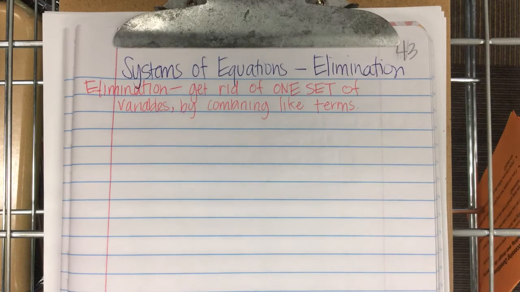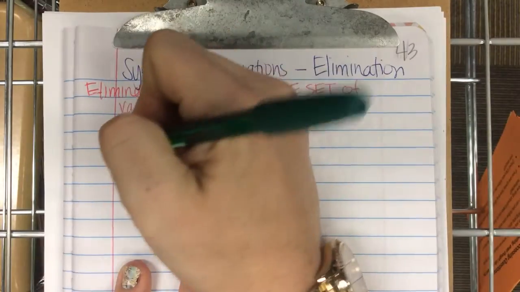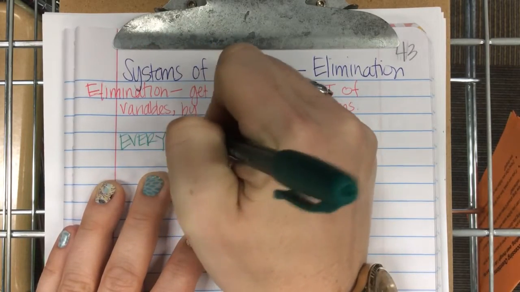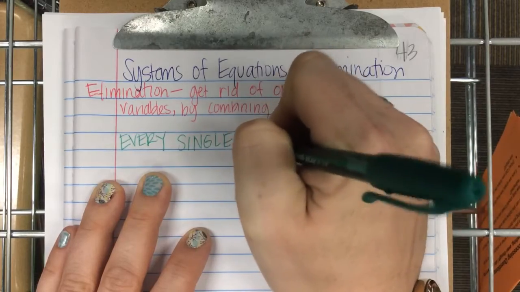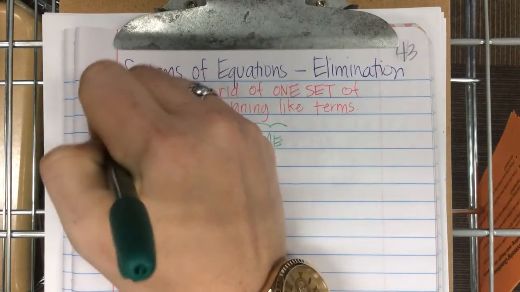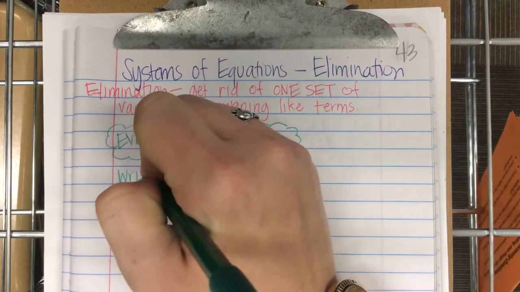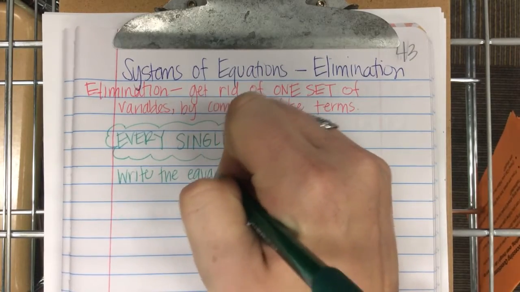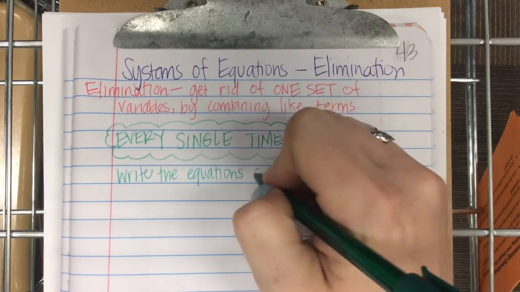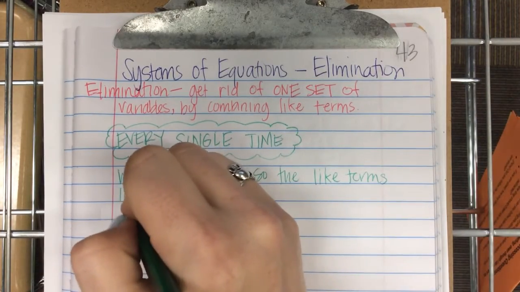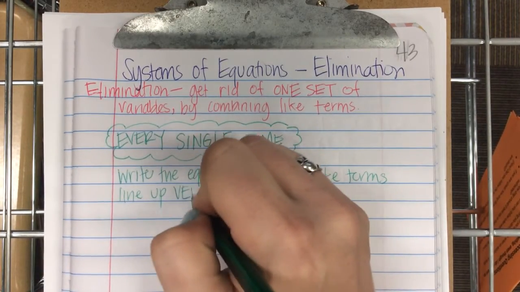So, always, every single time, no matter if it's an easy, a medium, or a hard problem, you are going to want to write the equations so the like terms line up vertically.